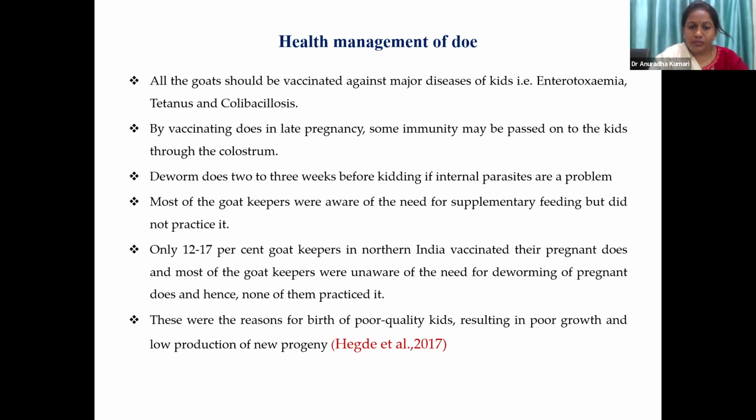However, most goat keepers were aware of the need for supplementation, vaccination, and deworming. But as per one report, only 12 to 17% of goat keepers in North India vaccinate their pregnant does. Hardly any goat keepers were aware of the need for deworming. Because of all these reasons, there are heavy kid losses and loss in productivity in the future generation.